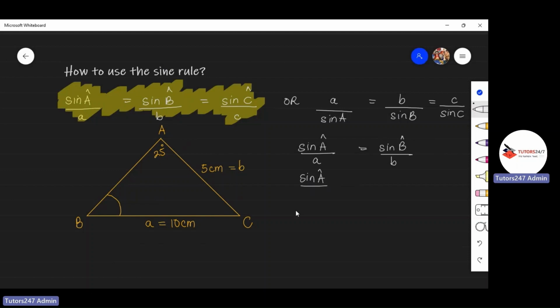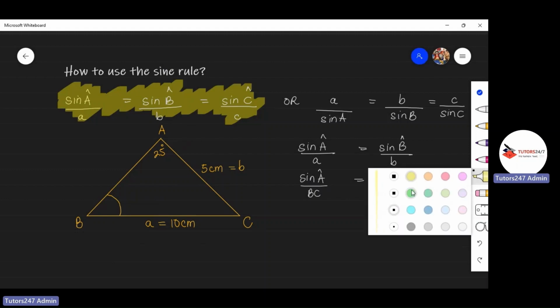Now we're going to substitute what is the side B and what is the side A. If we look closely, our side A is BC, so we can substitute that as BC. We then need to find out what is the side B. If we look at B, that side is AC. Now we can go and substitute the known values into our formula.